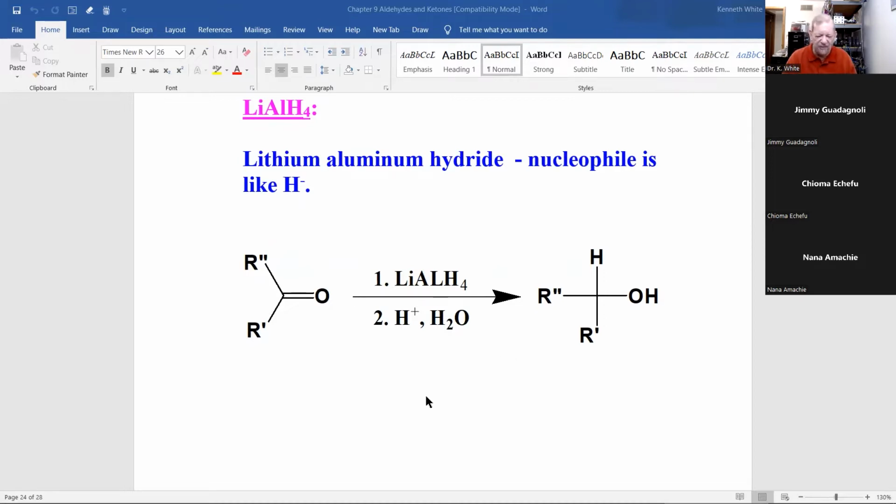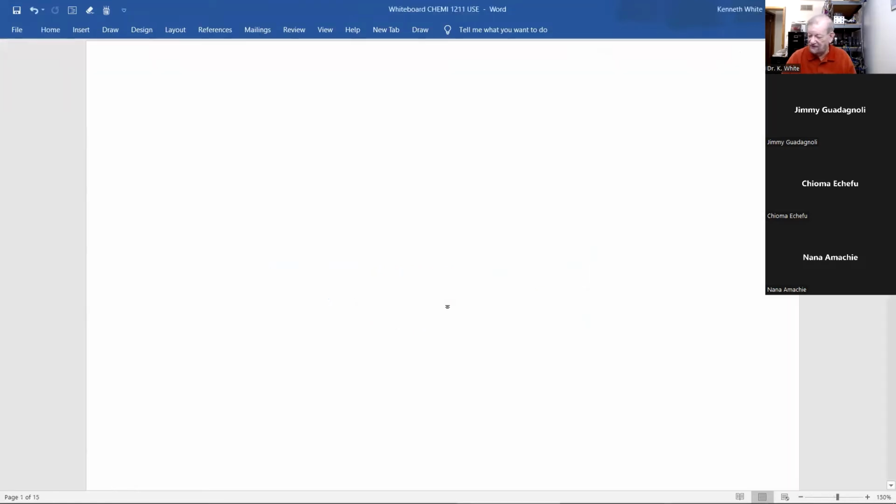Let's do one more problem with this, because practice makes perfect. The general reaction is if you have an aldehyde or ketone: if R prime is hydrogen, it's an aldehyde.